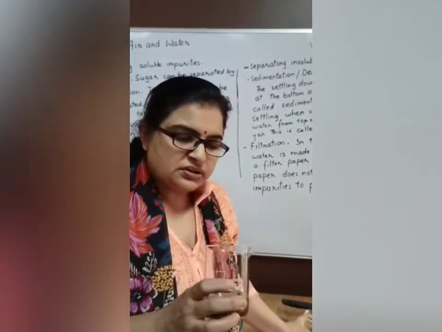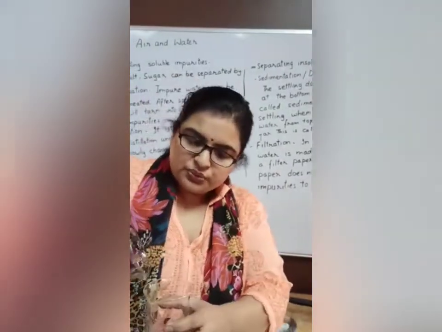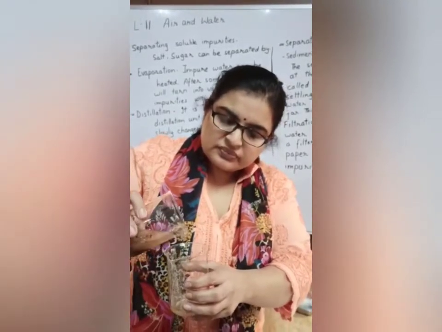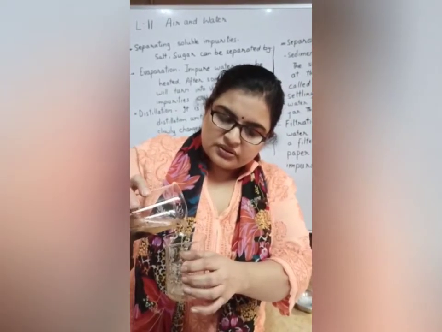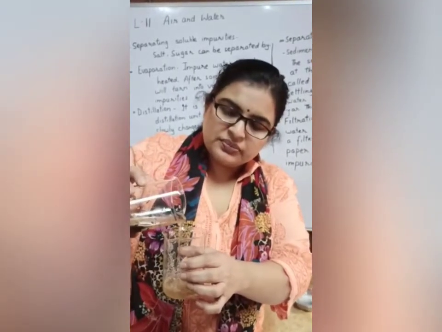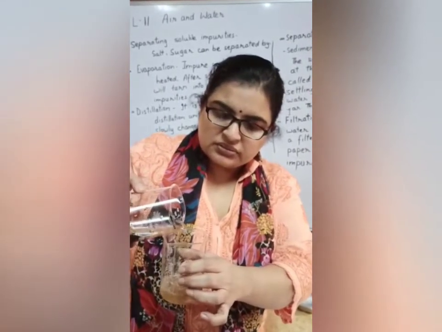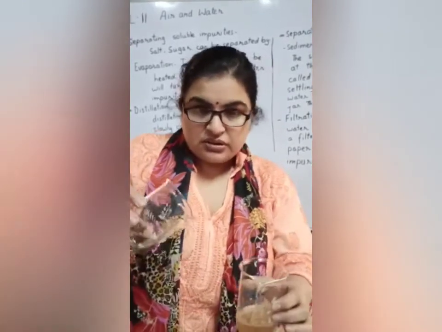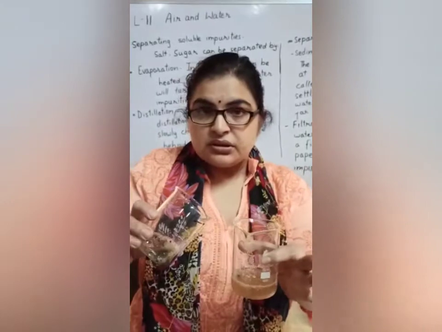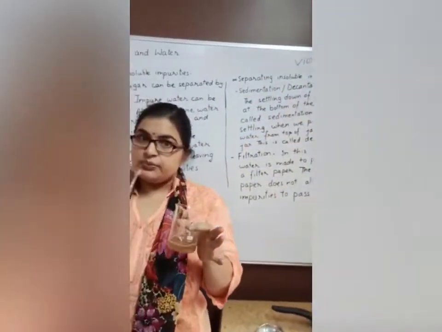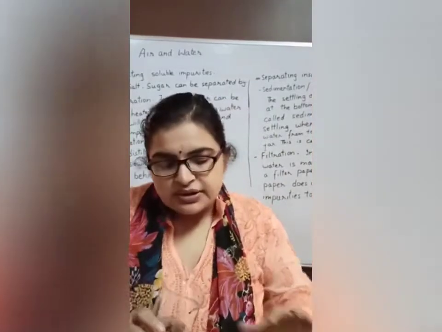Now what I do is, I pour the lighter water into another glass or another beaker. So this pouring process is called decantation, when we are pouring after settling of the impurities.